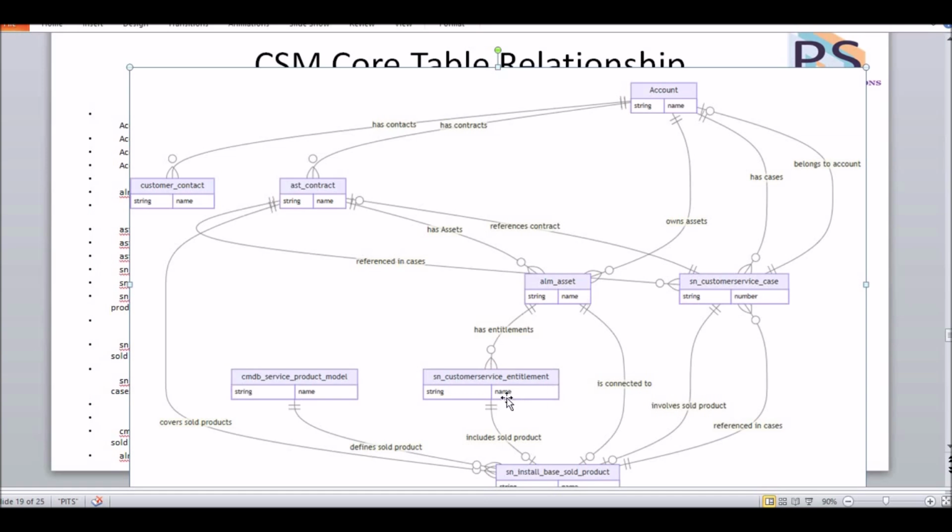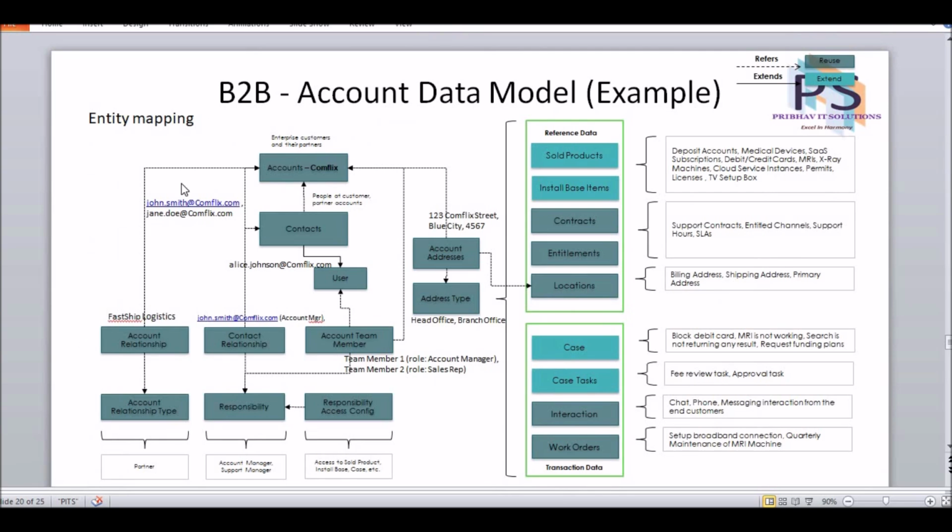Okay, and that is further connected to the sold product. This product is for the specific version. That's why we have a connection here with the product model table as well. Let's go further. One more example we can take. So let's say we have one account. Okay, and to maintain this account, what all details do we need?